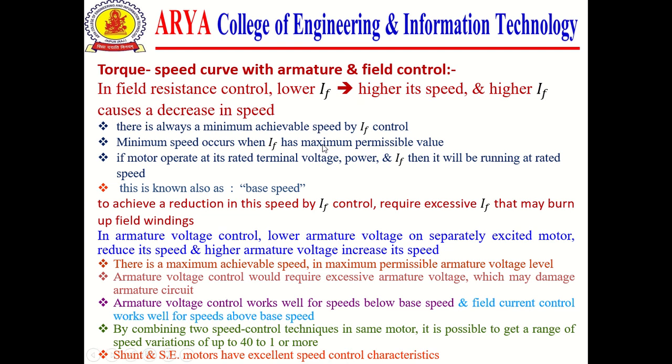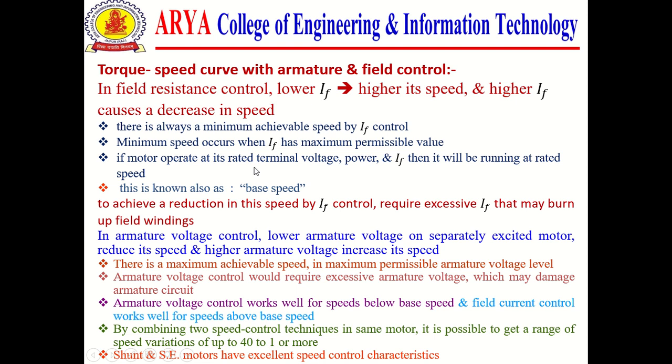In field resistance control, the lower the field current, the higher its speed, and higher field current causes a decrease in speed. So there is always a minimum achievable speed by field control.